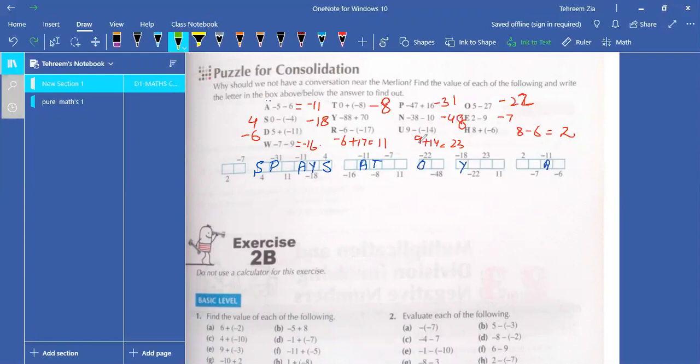Then we have N. N is minus 48. Here. Okay. E is minus 7. Students, help me find the numbers.